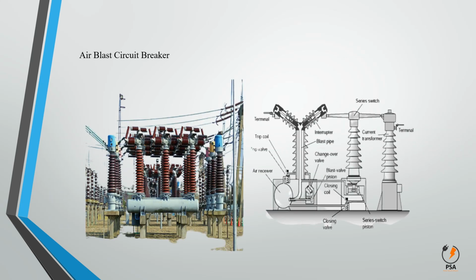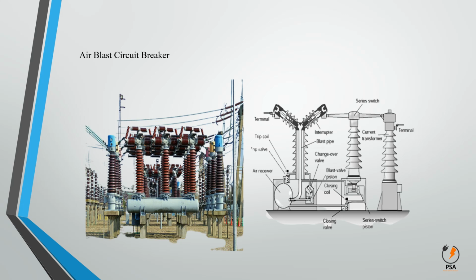Air blast circuit breaker. The air blast circuit breaker uses a high-pressure air stream as the arc extinguishing medium. This type of circuit breaker is used in open high-voltage applications with a voltage range of 245 kV and 400 kV to 765 kV, especially where fast operation of the breaker is required.